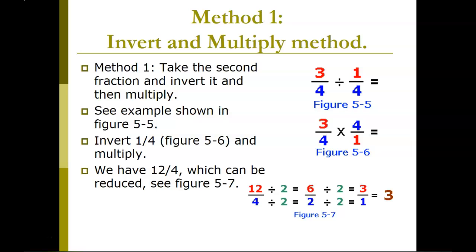So in this particular case, you switch 3 and a fourth divided by 1 and a fourth to 3 and a fourth times 4 over 1. So you multiply 3/4 times 4 over 1, which, what is 4 over 1? 4. Really easy, right?